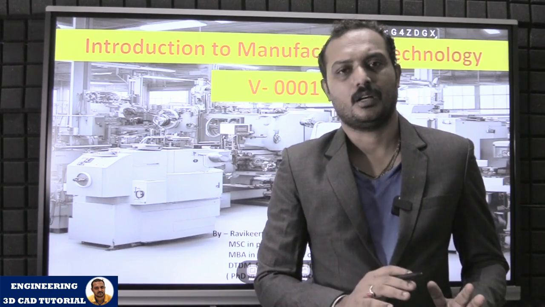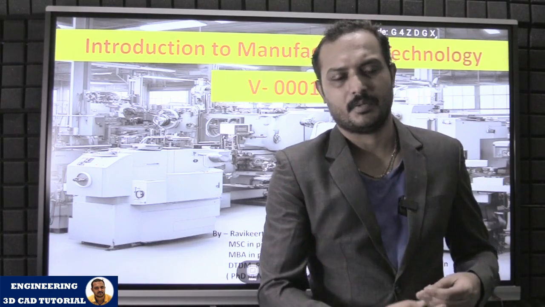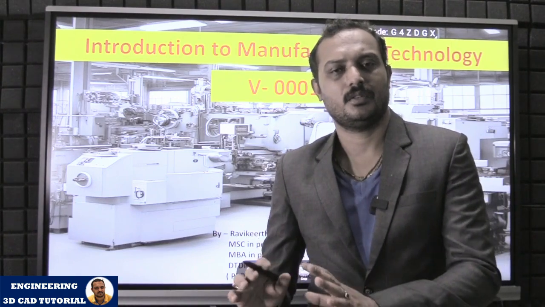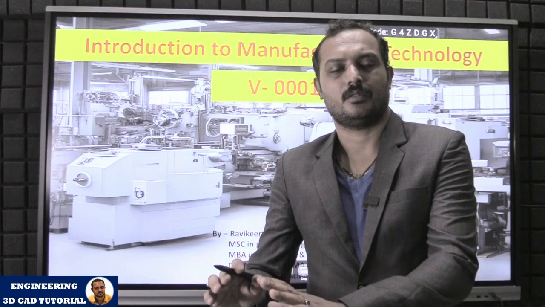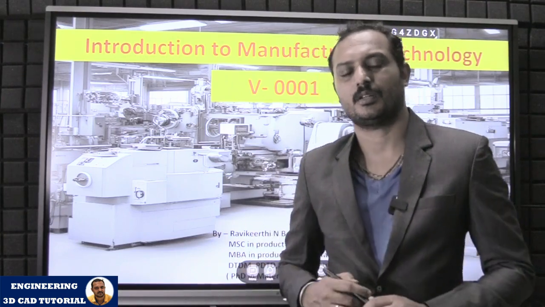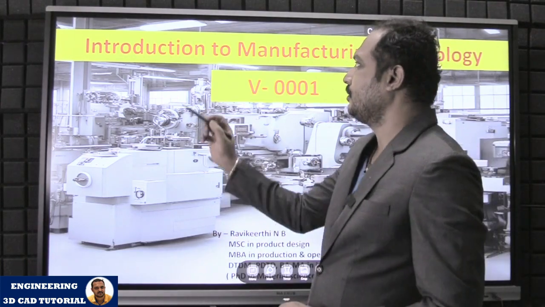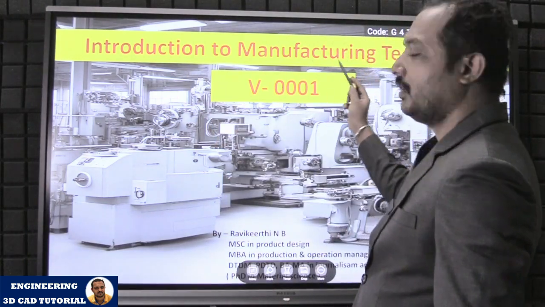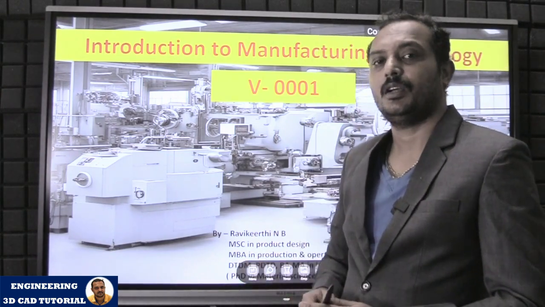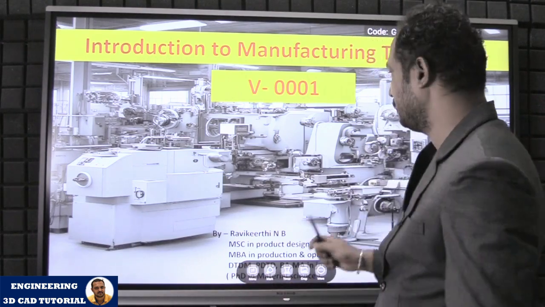Suppose you are preparing food from raw material: if you're taking raw rice and preparing it, then boiled rice is the required product. In a similar way, you can say manufacturing, or you can say production. Those two are very nearby words.